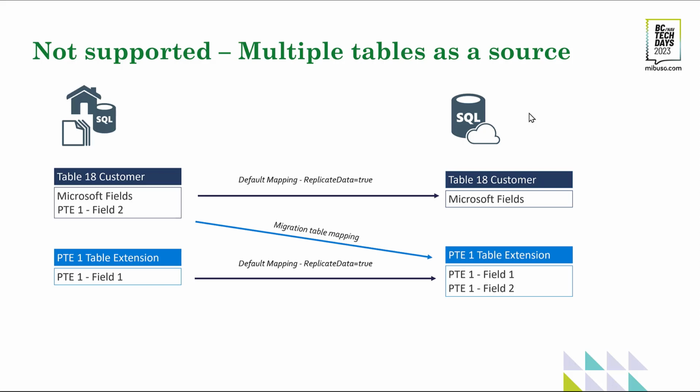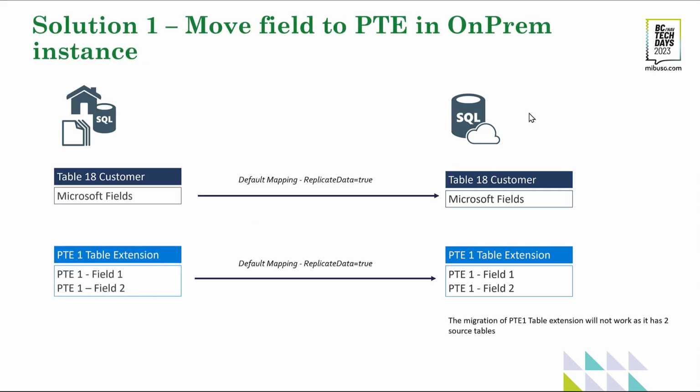And they would try to do it like this by specifying a migration table mapping. So if you do it like this, it is not going to work, because the table extension is now replicated from 2 sources, and that is simply not supported by the engine. The engine is not able to merge the data coming in from 2 tables into a single target table.